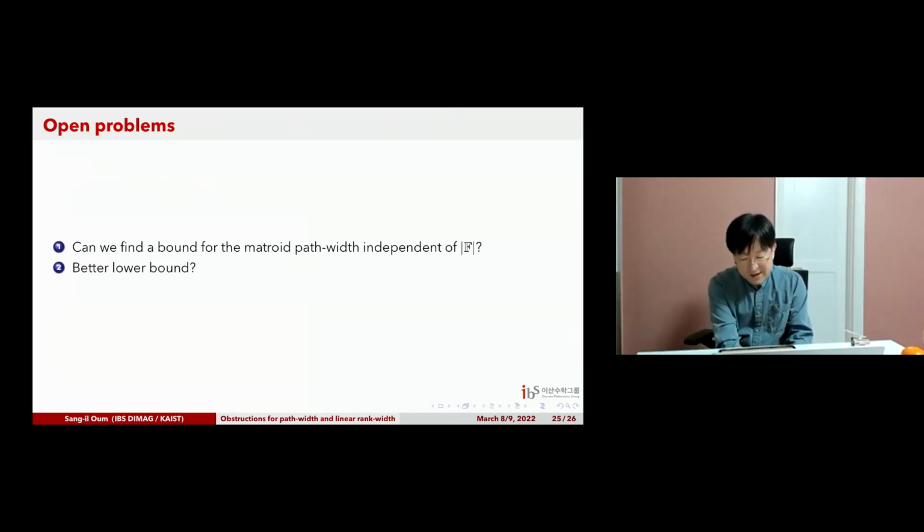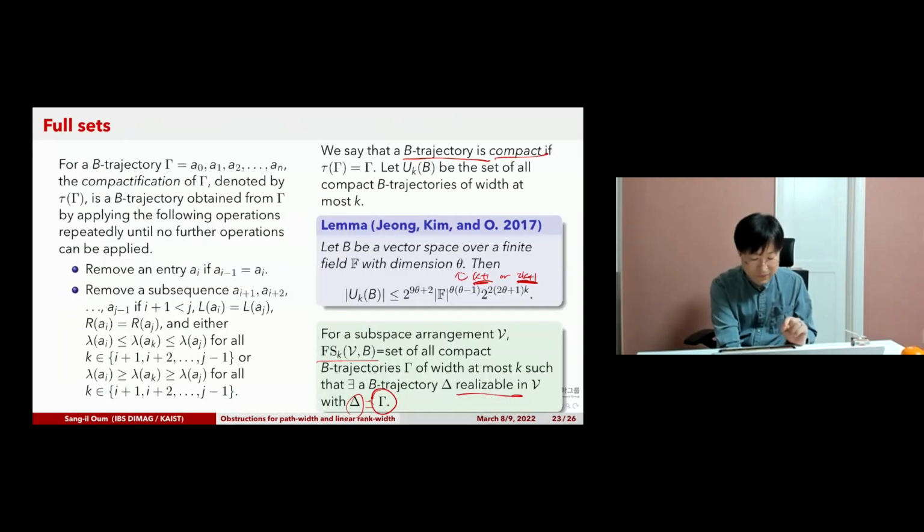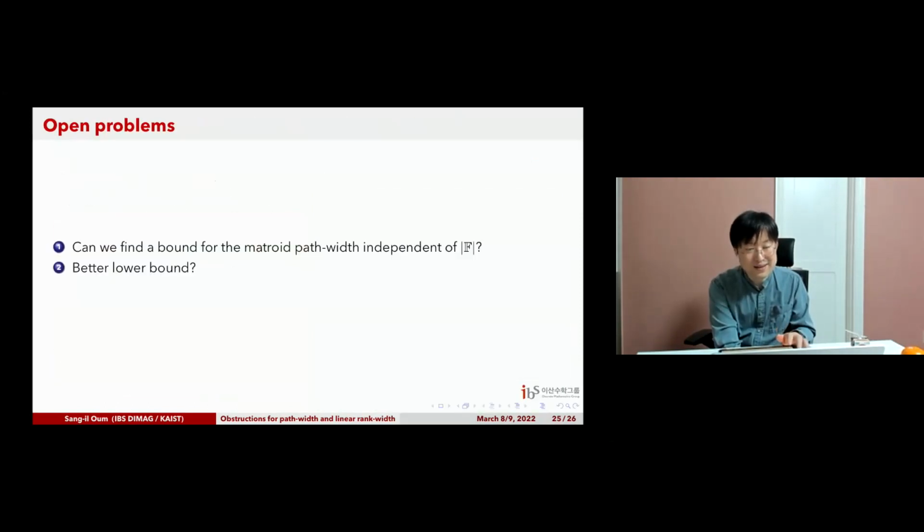So far, the size of the field is crucial for our application because in this definition of bit trajectory, we really count the number of subspaces of certain dimension, and the number of subspaces depends on the size of the field. So if the field is too big, we have no idea how to control them.